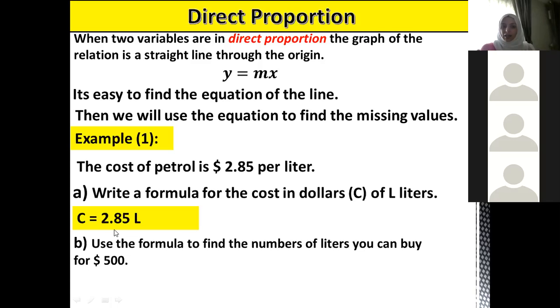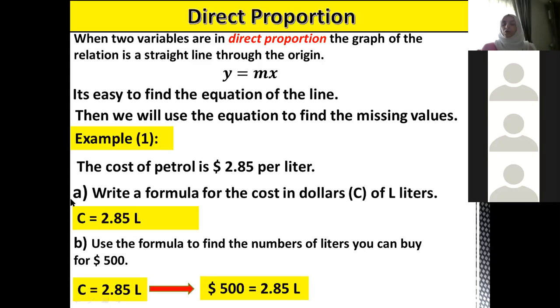It's the total cost. So I write this is my formula, and I have 500 equals 2.85 multiplied by the number of liters. It's like solving normal equations. Dividing by 2.85 on both sides, it's 175.44 liters we've just bought from petrol.